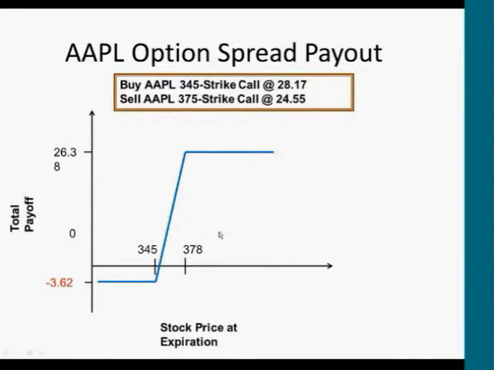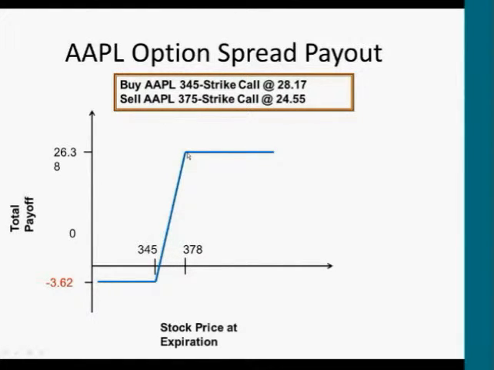And here's a spread payout graph for this spread. Maximum risk here, $362. It breaks even at around 347. If Apple stock goes up to 347, it breaks even.